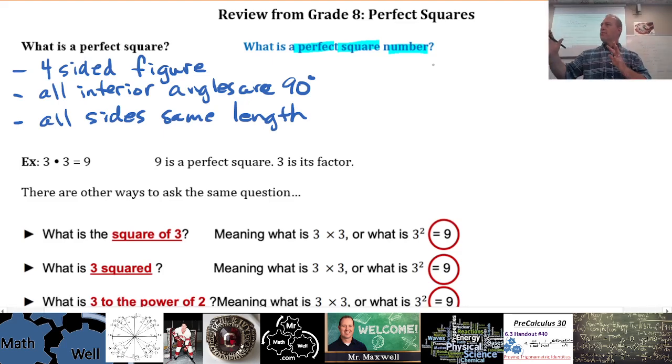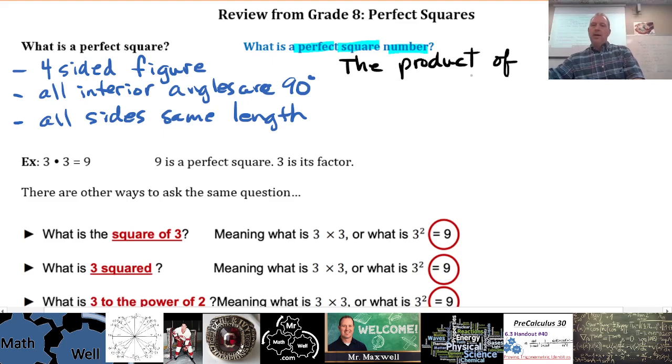A number that's a perfect square. We call this number a perfect square. What does that mean? Okay, so a perfect square number is a number where we actually have another number that's multiplied by itself exactly once to get that. So a perfect square number is the product, let's write this down, the product, so that means the result of multiplying.